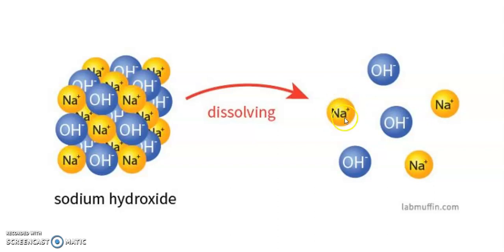And so you'll have sodium with little water molecules surrounding it, and hydroxide with little water molecules surrounding and dissociating or separating them. So what you have in this case is these little hydroxide ions that go and bind and form a bond with the hydrogen ions that were already in the water solution. And so whenever you bind hydrogen ions and they're not freely floating by themselves anymore, you are taking them out of solution.